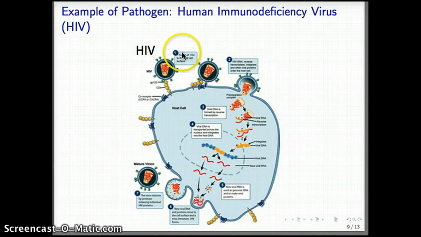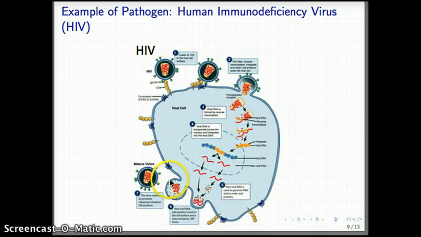This is a schematic representation of the life cycle of HIV, and the first steps have to do with this particle, this virion of HIV, finding its way to the surface of the cell that the virus is targeting, until it eventually passes through and hacks the nucleus of that cell and produces offspring.